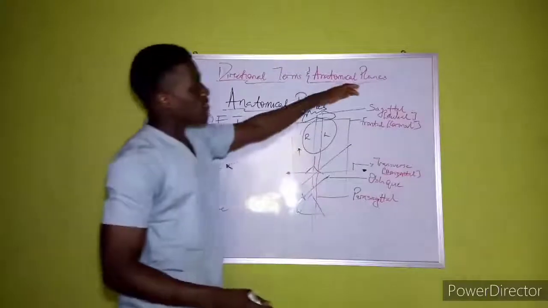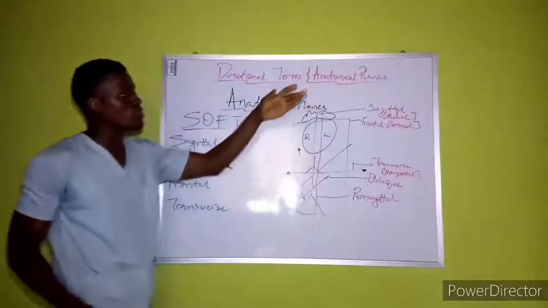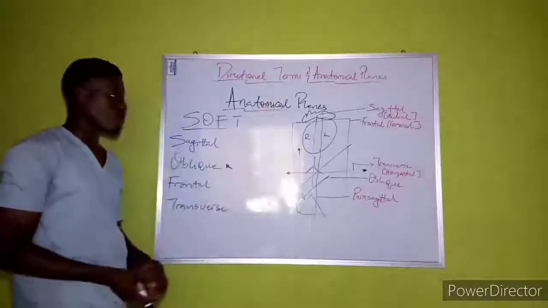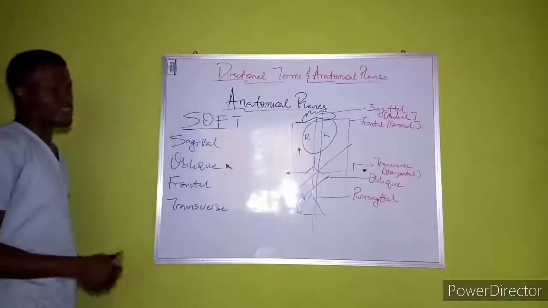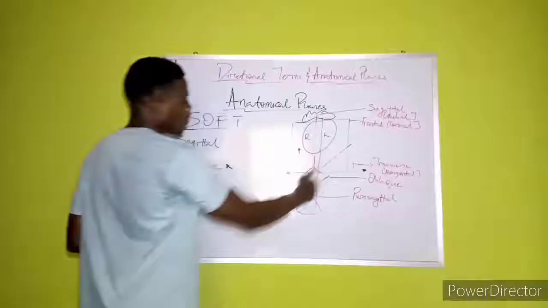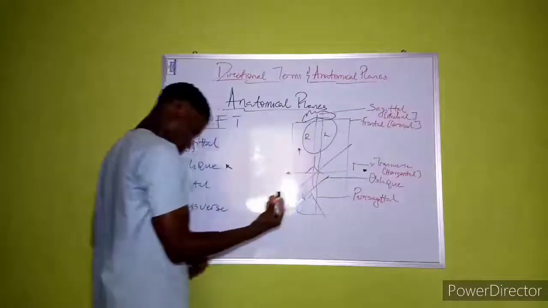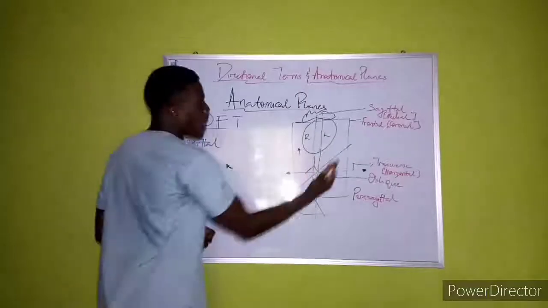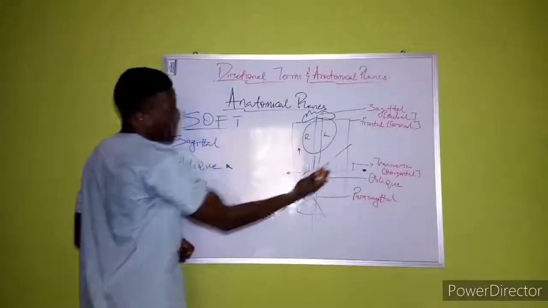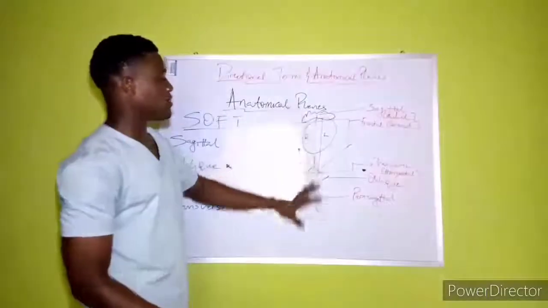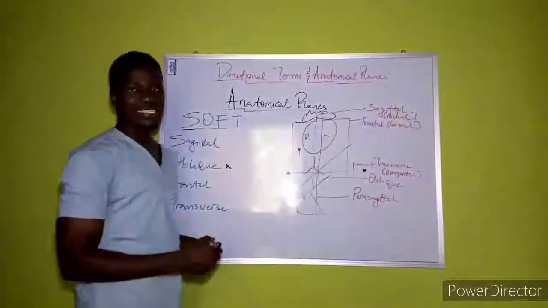It divides the structure into a triangular portion or a trapezium. So it gives us two different parts with a slashed end.